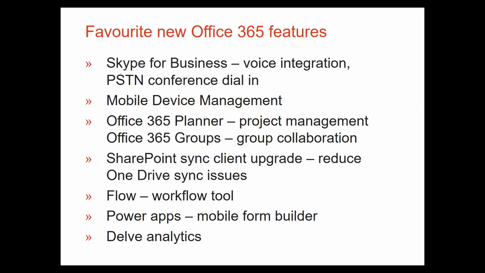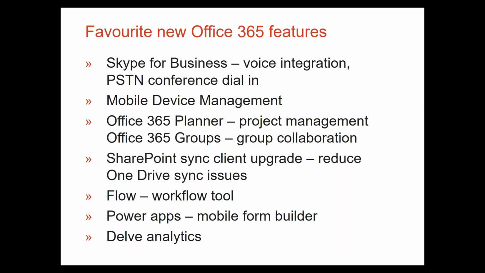So, did you know that Skype for Business, just recently actually, in the last few weeks, have released an E5 license, which basically means that you can have a dial-in number to your video conferences.